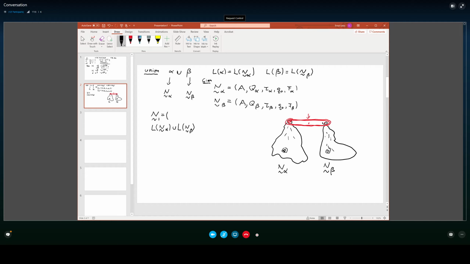Now, there are some technical issues that we will have to look at. One of the things we want to avoid is that somehow we can go back to the initial state of an automaton. So what we need to stipulate is a property that is non-returning to the initial state.